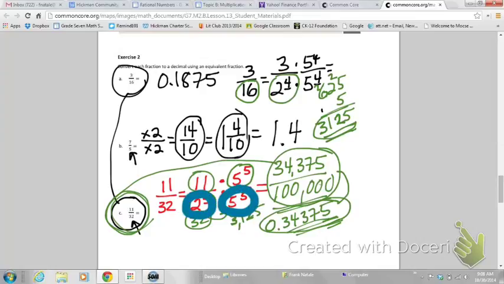Okay? But, as you probably know, you can very simply do this on your calculator, because 11 divided by 32, if you punch that into your calculator, is going to give you this number right here. Okay, but I'd like for us to please stay true to working with the powers.